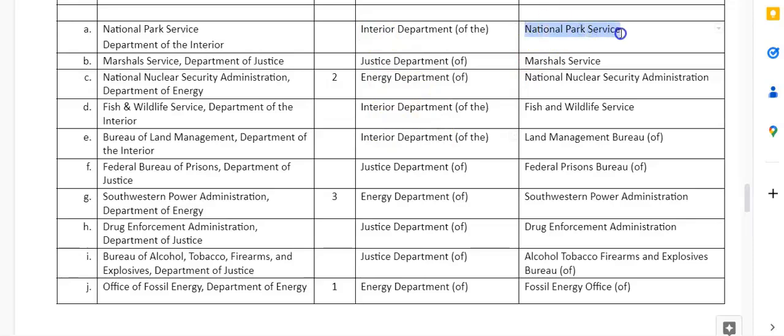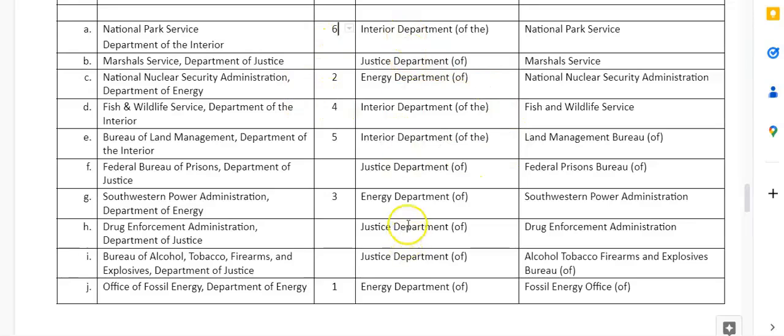This is National Park Service, this is Fish and Wildlife, and this is Land Management. So the F in Fish and Wildlife would be filed first. And then the L in Land is filed before the N in National Park. So this is 5 and this is 6.